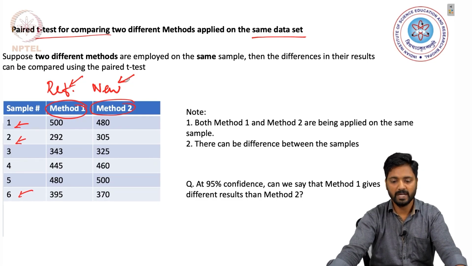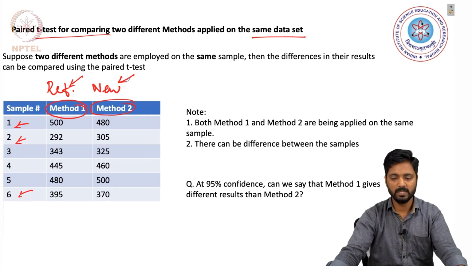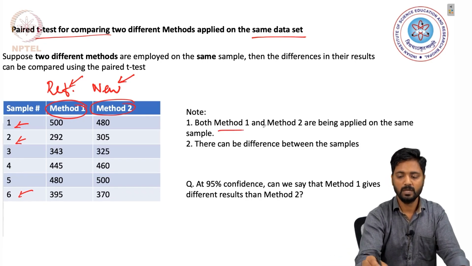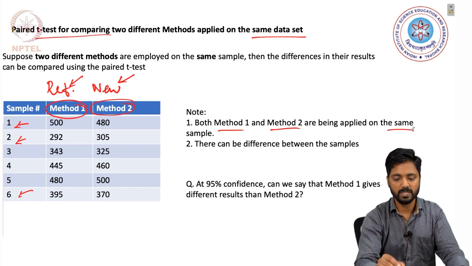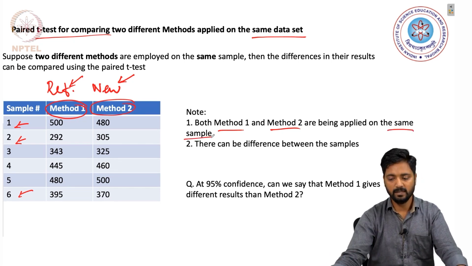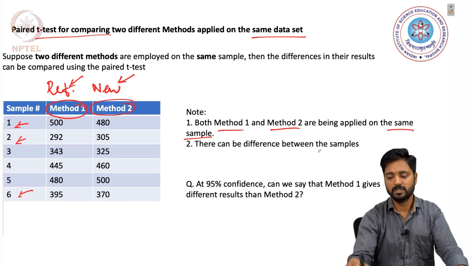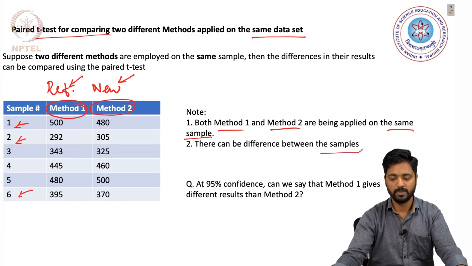So what I want you to note here again is that both method 1 and method 2 are being applied on the same sample, and there can be differences between the individual samples.